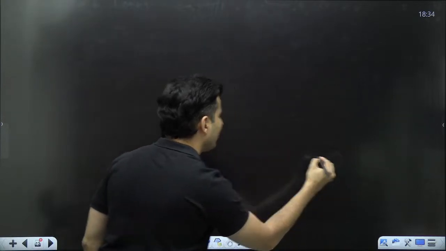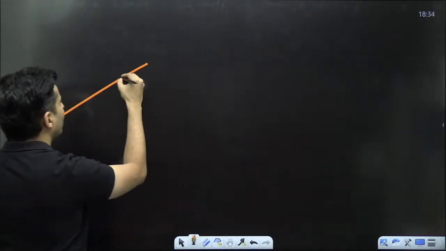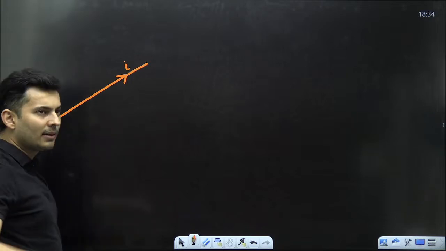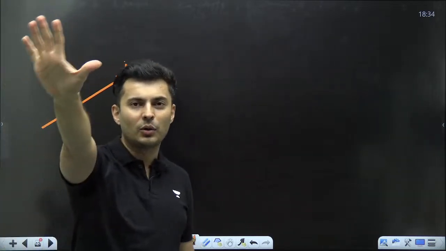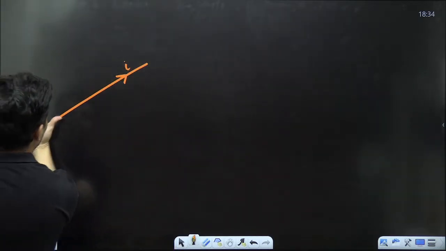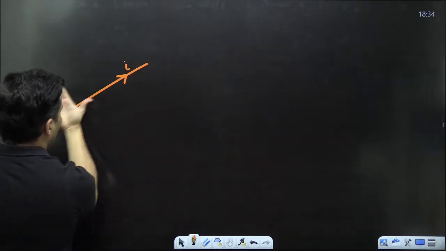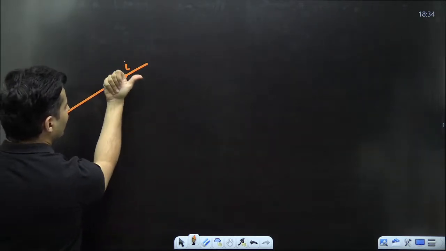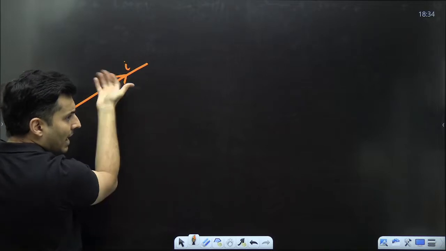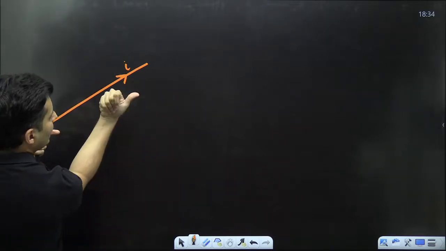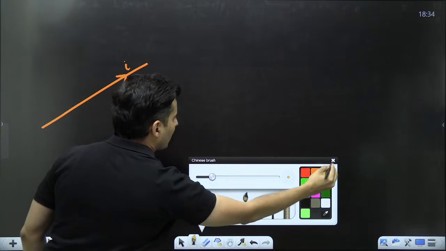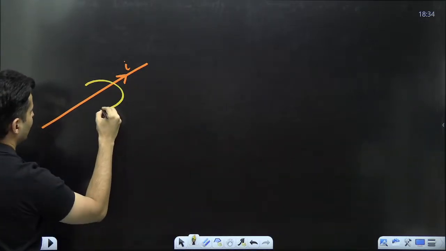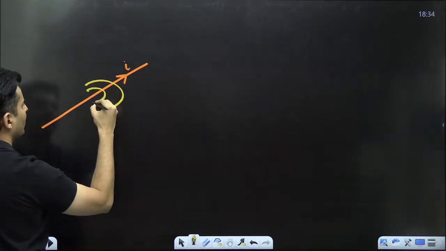One more thing before we go ahead. If you are given any wire now, you can immediately predict the magnetic field's direction by using your right hand rule. Always put your thumb in the direction of the current. The four fingers will curl in a peculiar manner. So if it is curling in this way, that means the magnetic field lines are going like this.